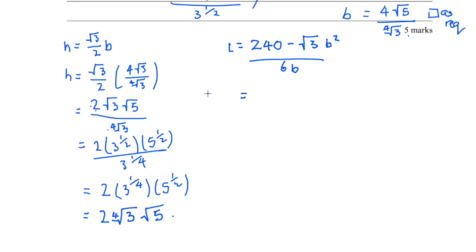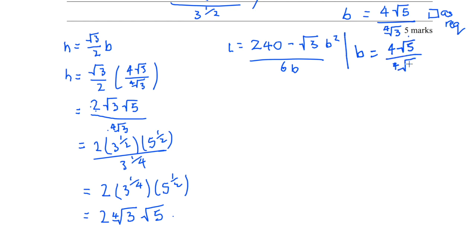So let's just say you put that in your calculator, where b is equal to 4 root 5 on the 4th root of 3.